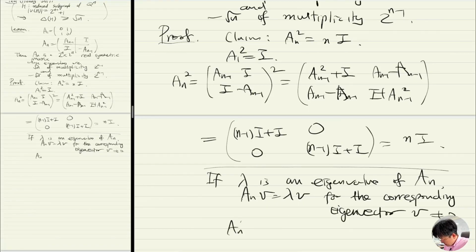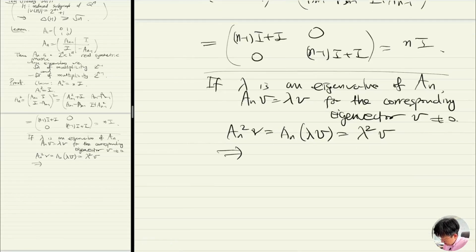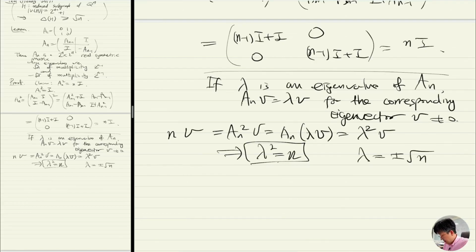But then A_n squared v is A_n lambda v, which is lambda squared v. But A_n squared is n times I, so lambda squared is n, so lambda is plus or minus square root of n.